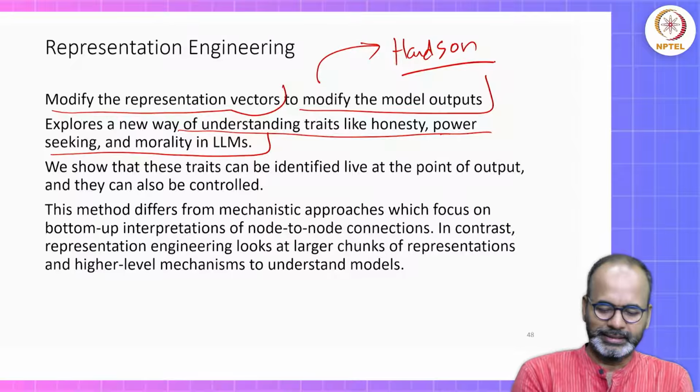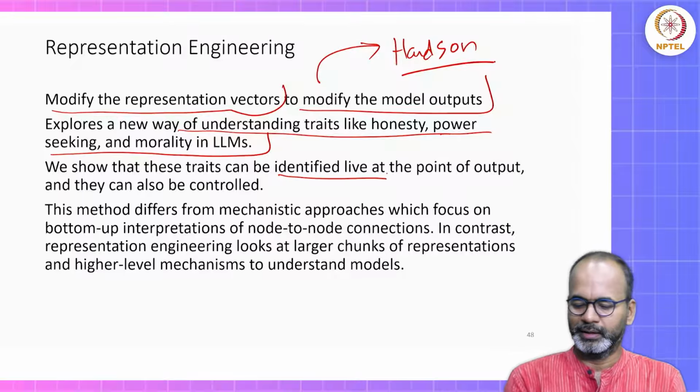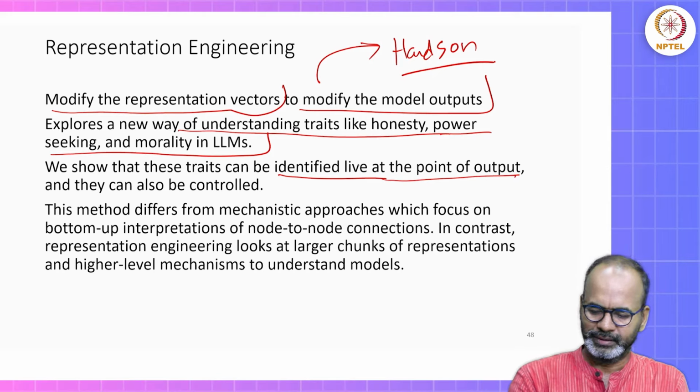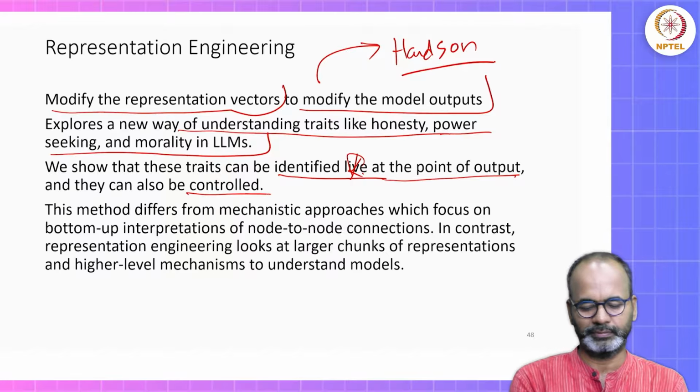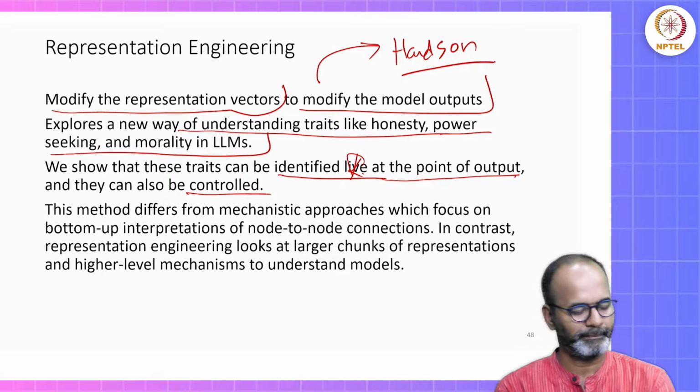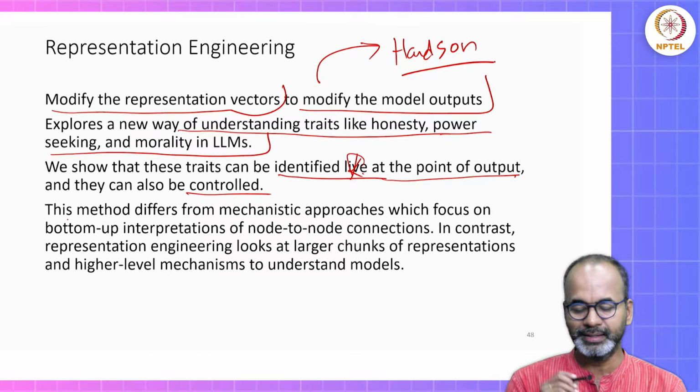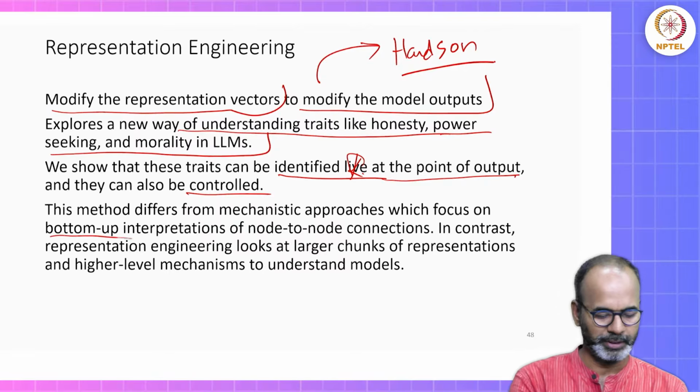We show that these traits can be identified at the point of the output, and they can also be controlled. This method differs from mechanistic approaches, which focus on bottom-up interpretation.